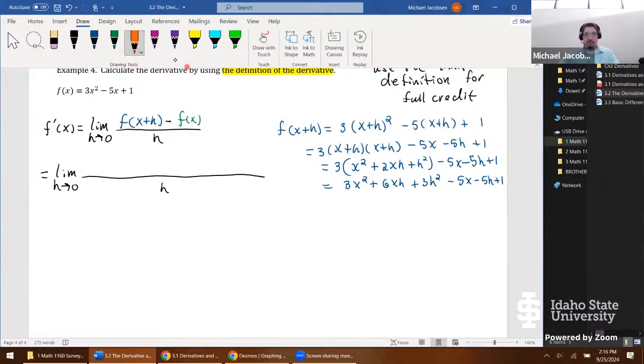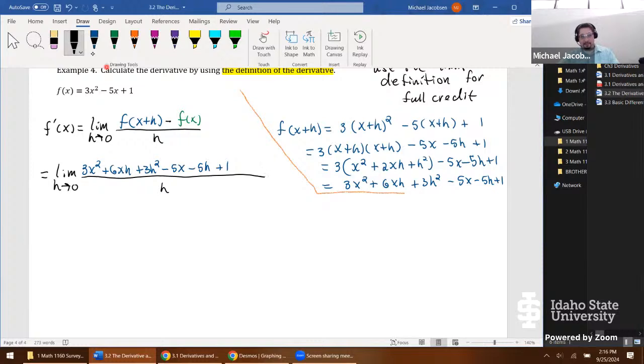Let me put just a fast border here just to make this more readable. So first in blue, we substitute in our result f at x plus h, which is this whole line right here, a lot of terms: 3x squared plus 6xh plus 3h squared minus 5x minus 5h plus 1.